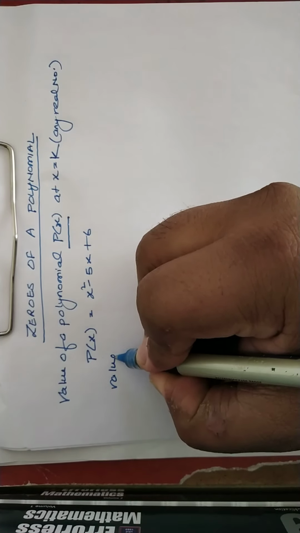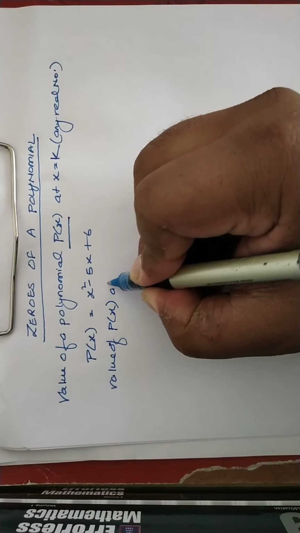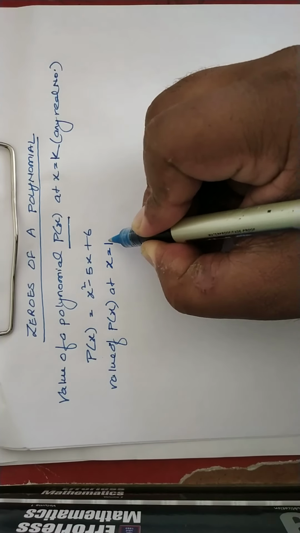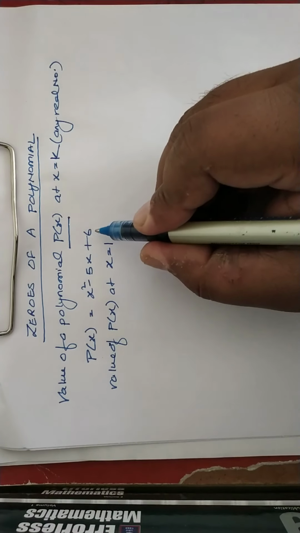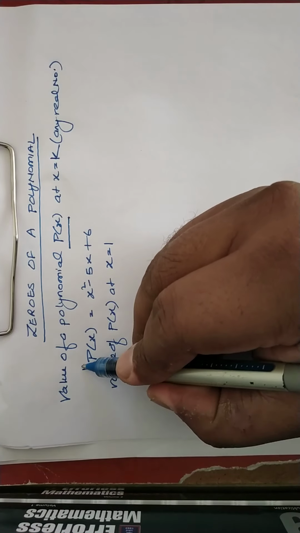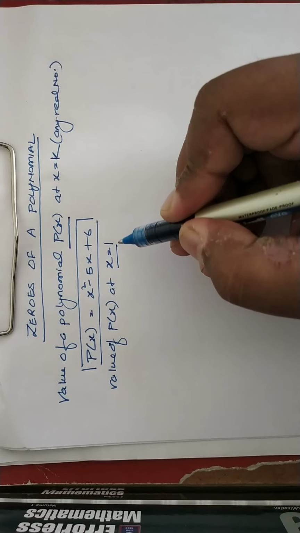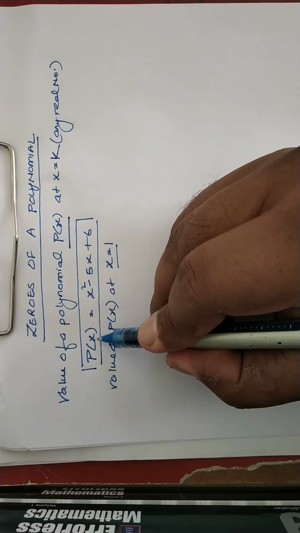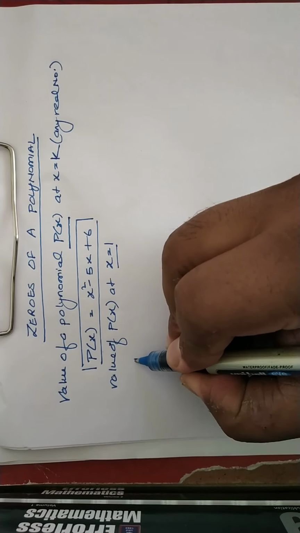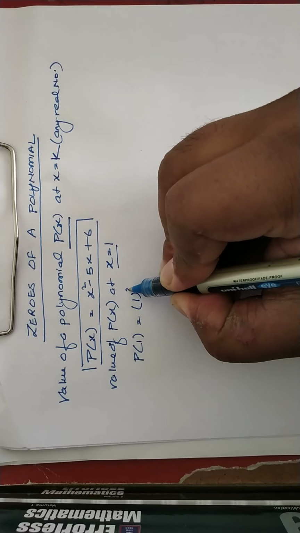Now value of p(x) at x equal to 1, say. So I need to find out the value of this polynomial p(x) equal to x square minus 5x plus 6 at x equals to 1. Then what will I do? In that expression, I will replace x by 1. So p(1), instead of x I will write 1.